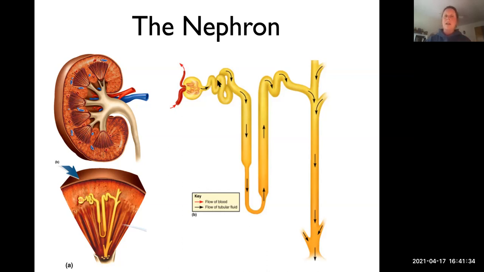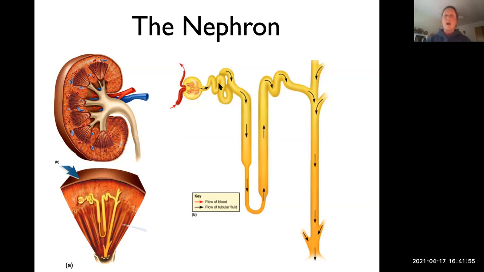Proximal means that it's closest to the beginning of the nephron. Convoluted means that it's twisty-turny, curvy. And tubule just means that it's a tubule. So its name means it's the first twisty-turny tubule that you come to in the nephron.